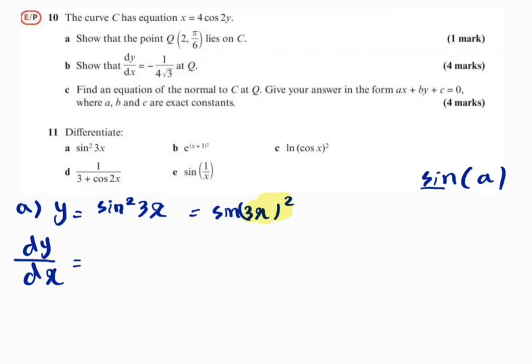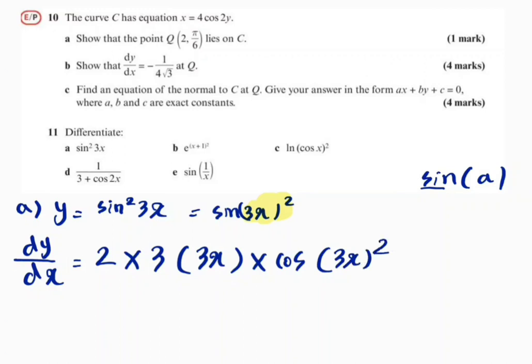So (sin 3x) squared differentiates to 2 times sin 3x, and now we differentiate sine, which differentiates to cos, and times 3. Sorry, it doesn't have 3x squared, this one was extra, sorry.